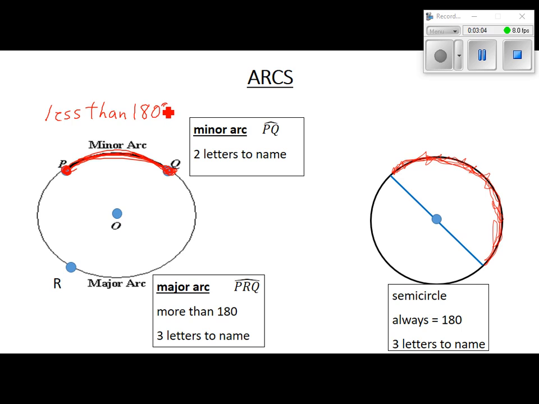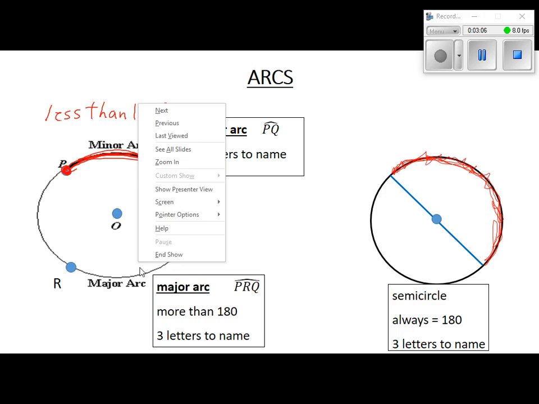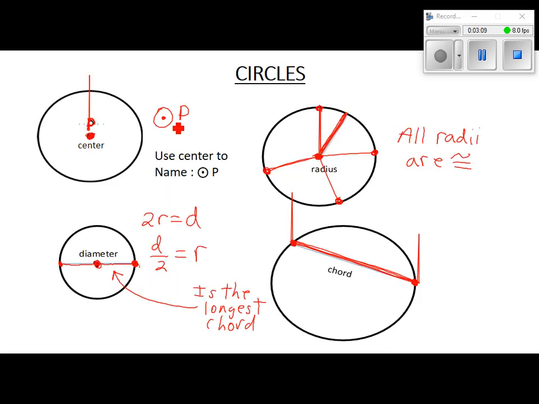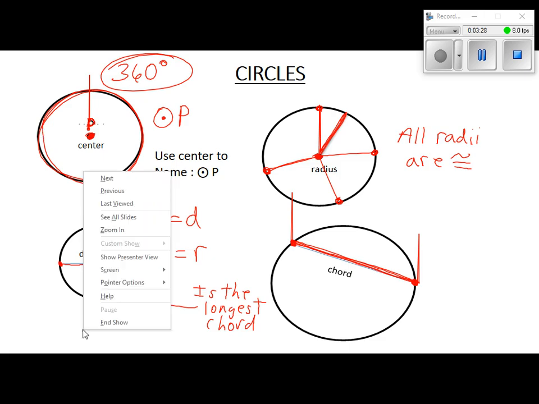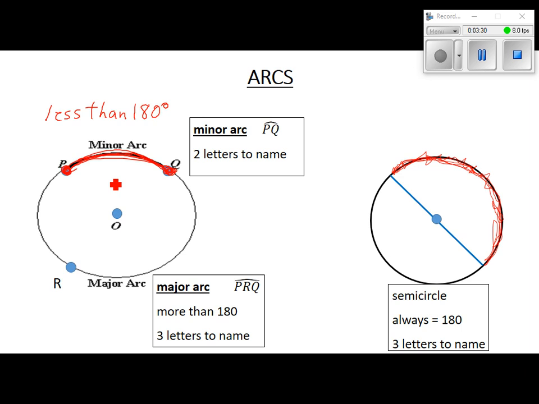And that's something I should have put on the first slide: a circle is always 360 degrees. So all the way around here is always 360 degrees. That doesn't mean the distance, that's the measure in degrees. So minor arcs are less than 180 degrees, less than half the circle.